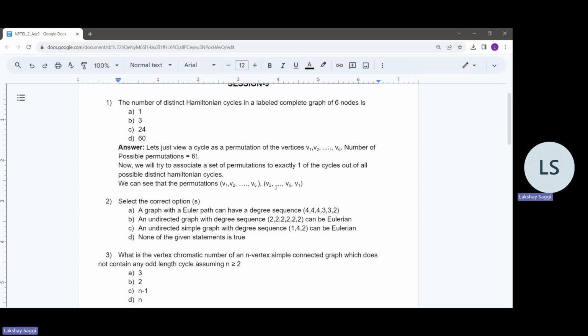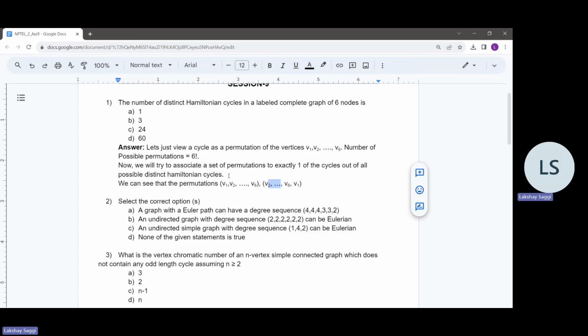I hope you have seen cyclic permutations; this is that same concept. We see this permutation which starts from V1 and considers the vertices in the order V1, V2, V3 till V6. Similarly, another permutation starts from V2, then goes to V3.